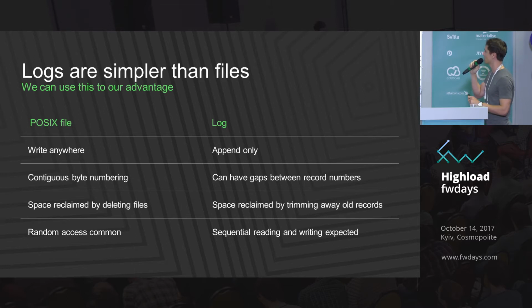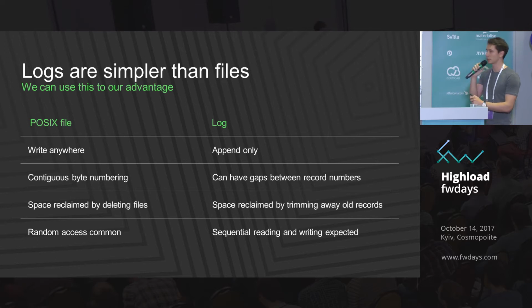Second is sequential byte numbering. It means that if I write 10 bytes and then I write the next 10 bytes, I expect it to be sequential data in a file. In a log, each record can have some gaps in between, and this helps us to achieve better write availability.